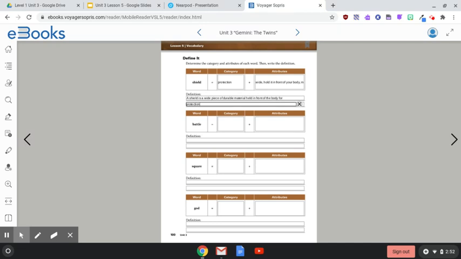Now do the same for the word square and the word God. Make sure that you verify your meanings with a dictionary if needed. Now, the dictionary meaning may not exactly match your meaning, and that is okay. But just make sure that you're on the right page.